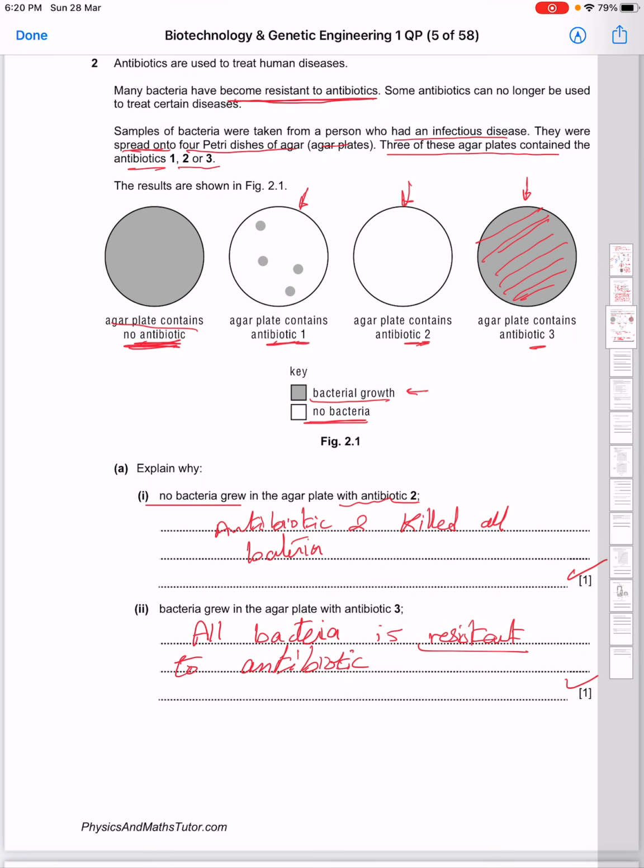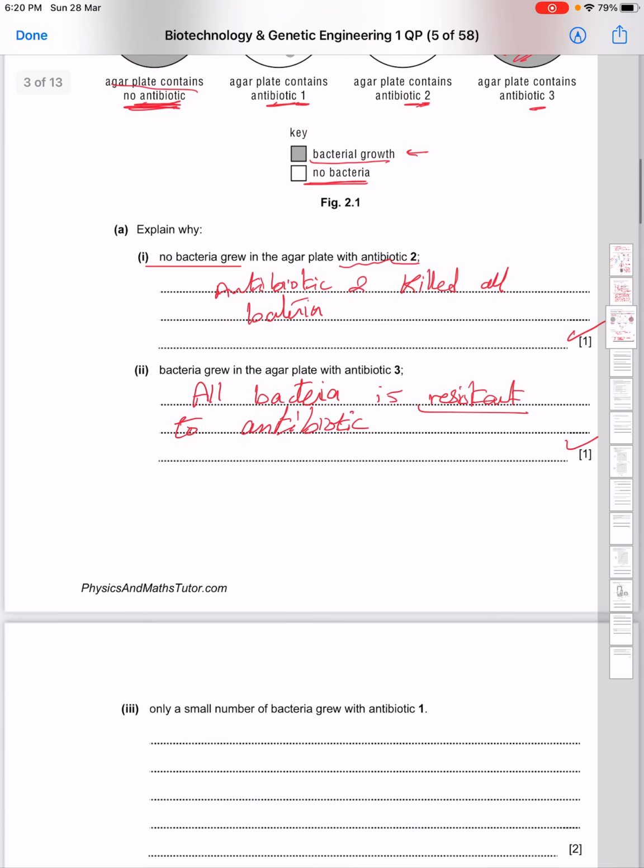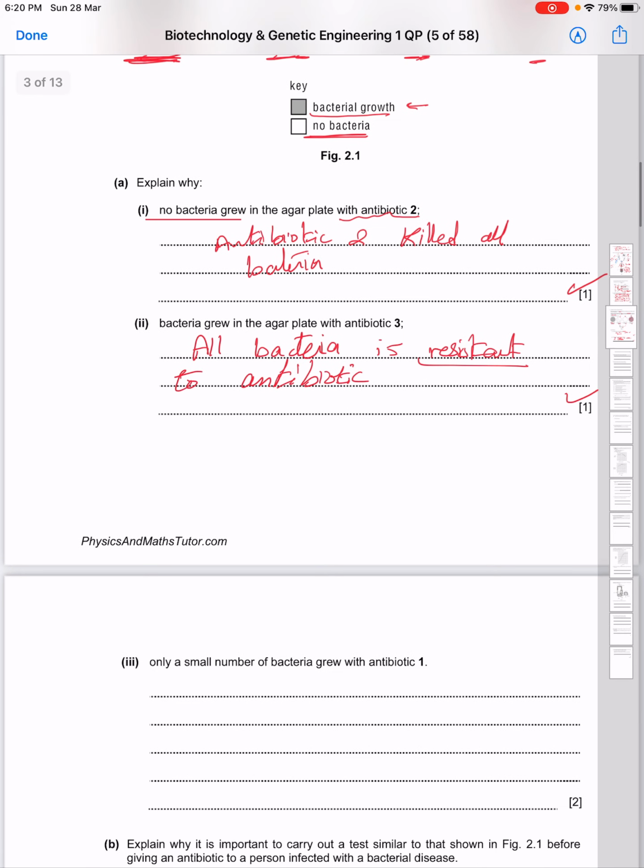If you want to go further, if this question was a 3 or 4 marks, you would have to mention a reason. Okay? Why did this bacteria develop resistance to this antibiotic? Why do you think this bacteria developed resistance to antibiotic?